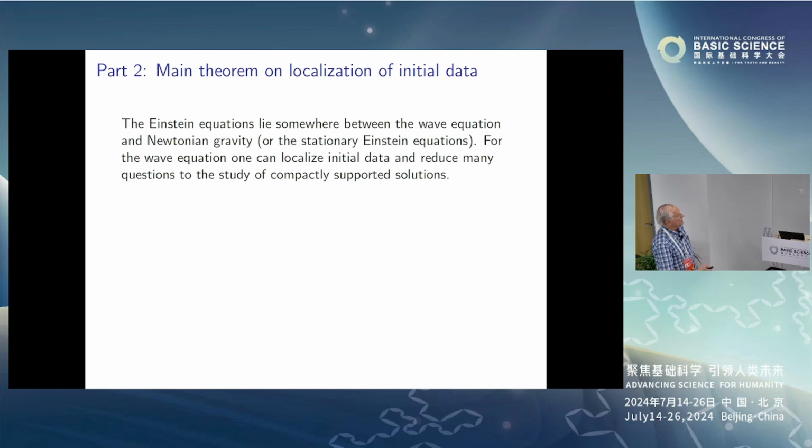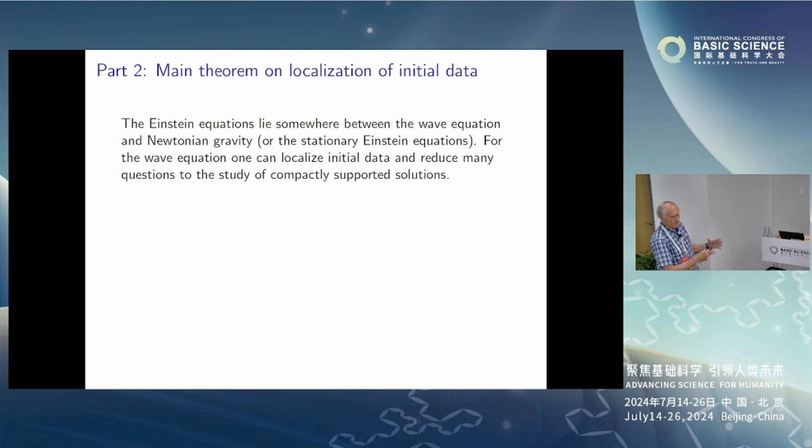Okay, so I'm going to now talk about the theorem we're going to prove. As I alluded to, the Einstein equations actually lie somewhere between just the ordinary wave equation and Newtonian gravity.